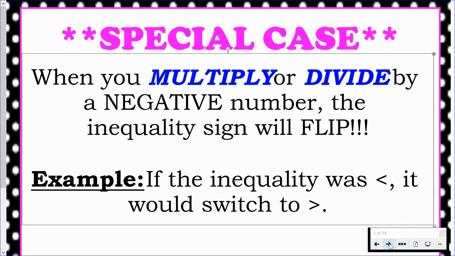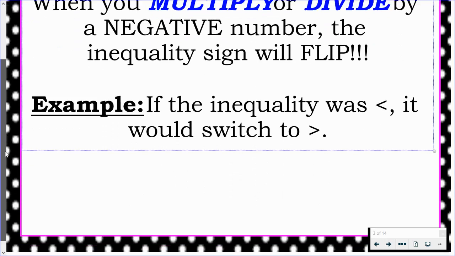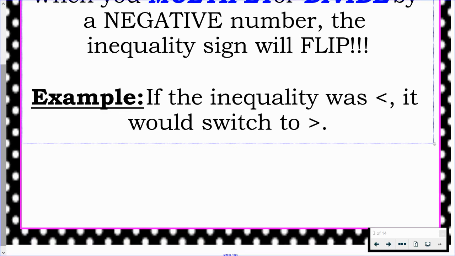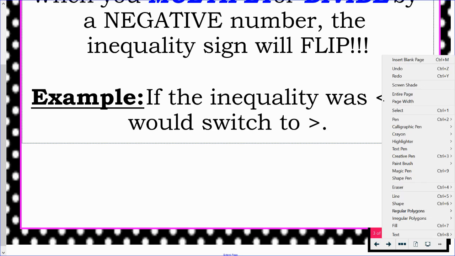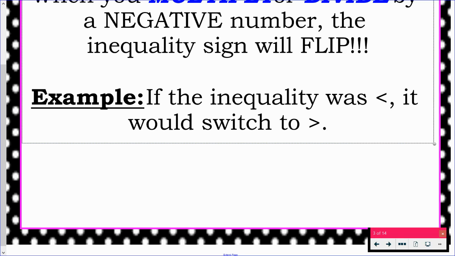And just to recap on our special case from yesterday, when you multiply or divide by a negative number, the inequality sign will flip. For example, if the sign was less than, then it's going to change to greater than. I know I spoke about this yesterday, but I wanted to recap. Let's say I had negative 3x is greater than 18.